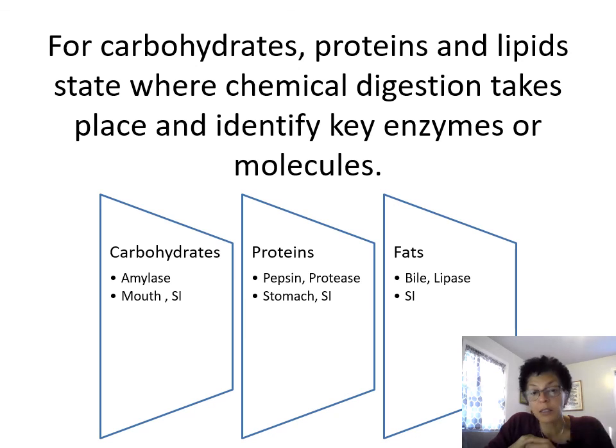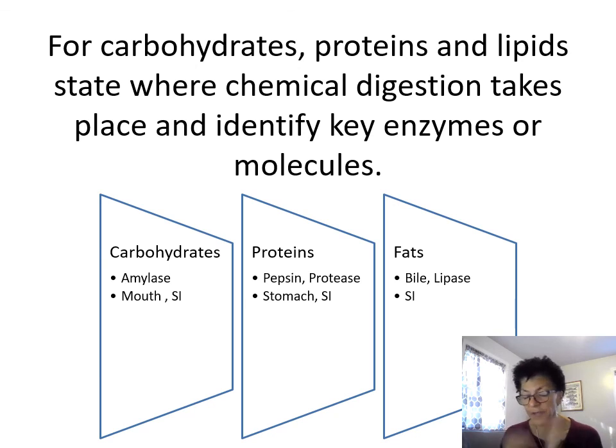So the mouth and small intestine are where you perform chemical digestion of starch, and the primary enzyme is amylase. Chemical digestion of proteins starts in the stomach with pepsin and the acid that denatures the proteins. It's going to finish with different protease enzymes in your small intestine. Once upon a time, we named some of them, like trypsin and chymotrypsin. So again, proteins start in the stomach and finish in the small intestine, and there are some enzymes for you.